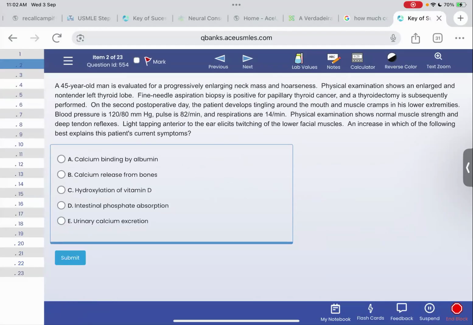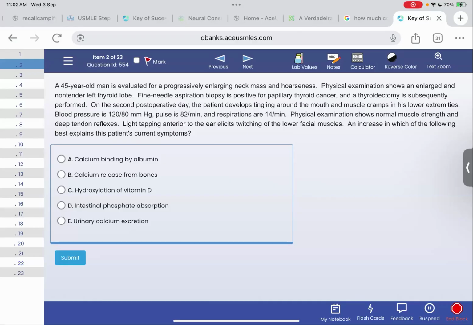Yeah, second question, anyone? An increase in which of the following best explains this patient's current symptoms? A 45-year-old man is evaluated for a progressively enlarging neck mass and hoarseness. Physical examination shows an enlarged, non-tender left thyroid lobe. FNAC is positive for papillary thyroid cancer and thyroidectomy is subsequently performed.